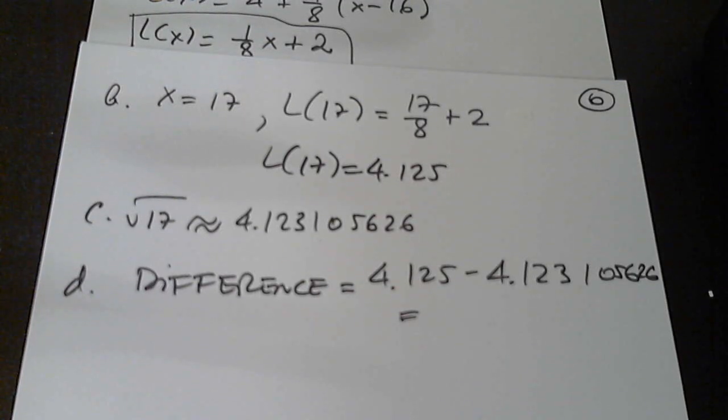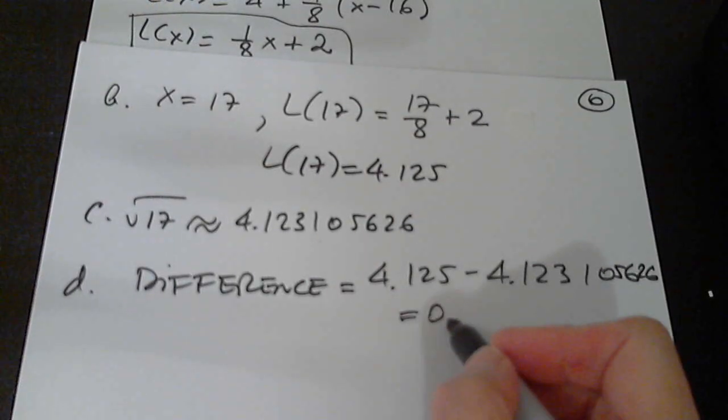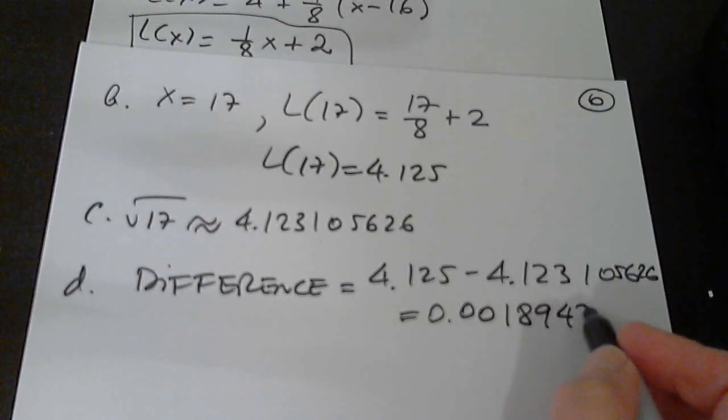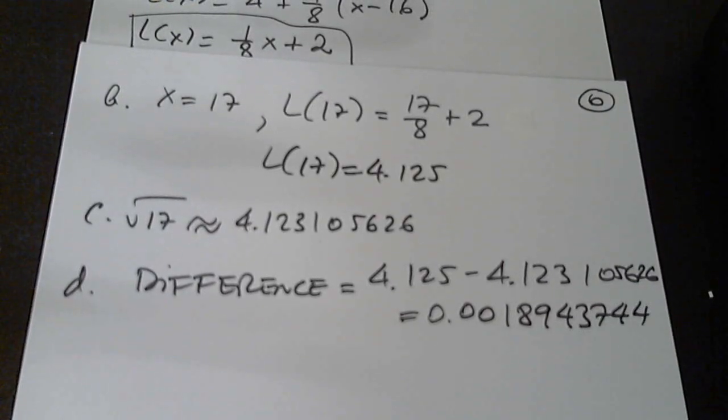No. Okay, so what I wanted is 4.125 minus the square root of 17. Okay, so the difference, the error, is 0.00189437444. Oh, I don't think I shared. Did I share? I didn't share. Sorry. So 4.125 minus the square root of 17 is this.